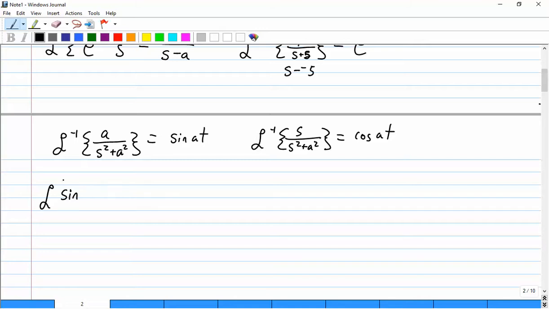The inverse Laplace transform of a over s squared minus a squared, your book uses k, so I'm sorry if I use k every once in a while instead of a, is equal to the hyperbolic sine of at.